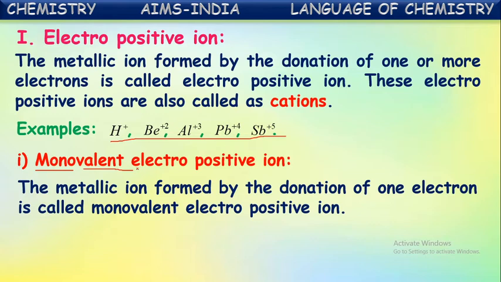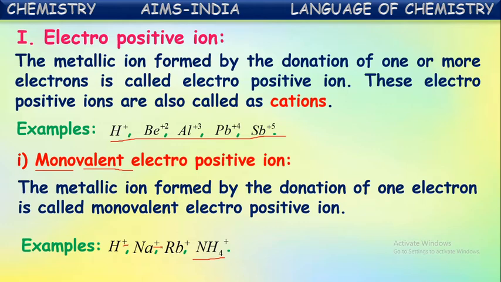That means the positive ions formed by the loss of one electron. For example, here some ions are mentioned: H plus, Na plus, Rb plus, rubidium, and the ammonium ion, which is simply called a radical also. These all are formed by the loss of one electron in each, if you observe. So the positive ions formed by the loss of one electron are called monovalent electropositive ions.